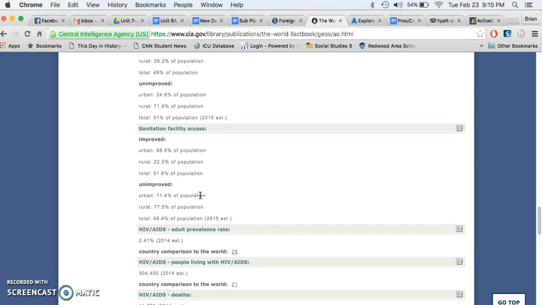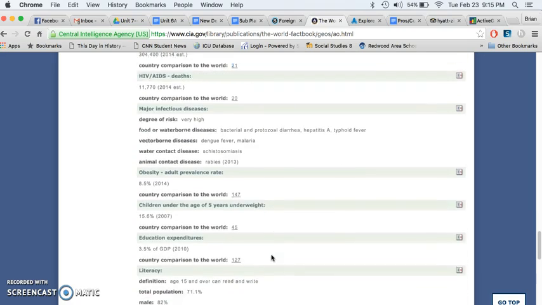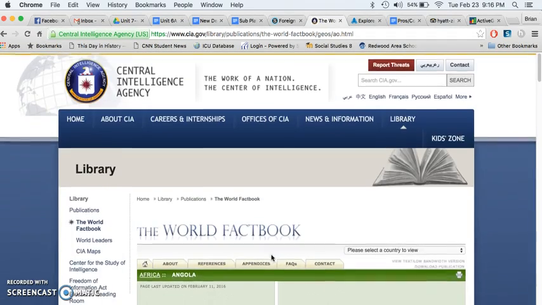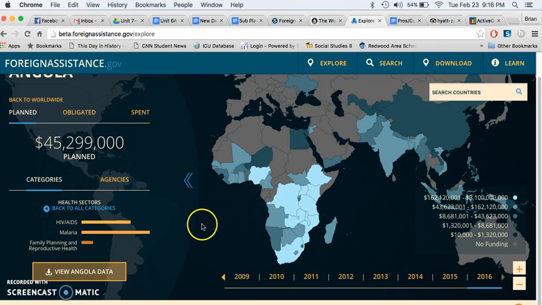And then like HIV/AIDS, which we haven't got to, but Angola has the 25th worst cases, I guess.